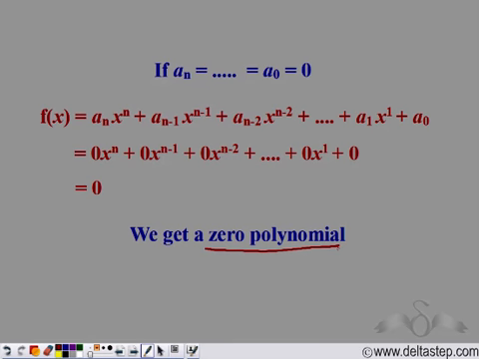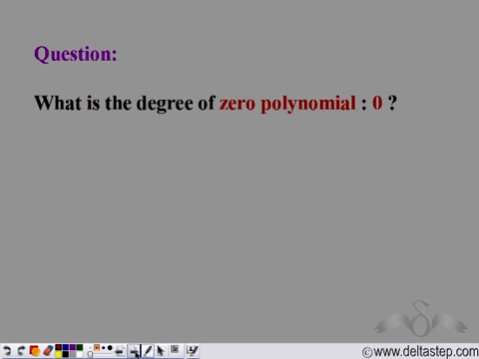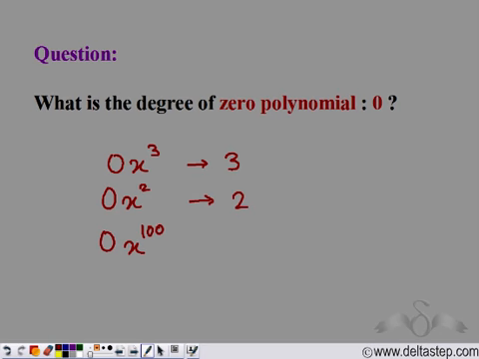But what is the degree of this 0 polynomial? Now this 0 can be written as 0 into x cube. In this case, the degree will be 3. It can be written as 0 into x squared. In this case, the degree will be 2. It can be written as 0 into x to the power 100.